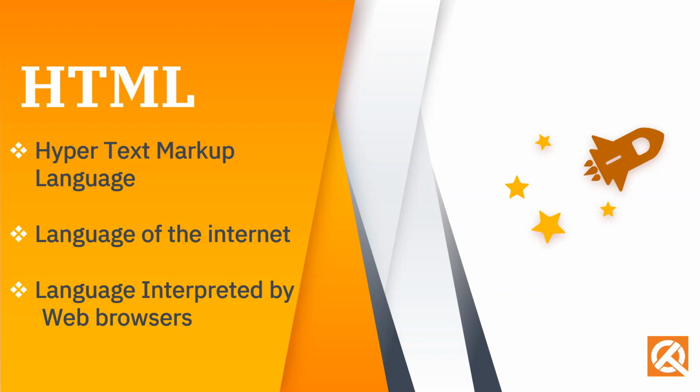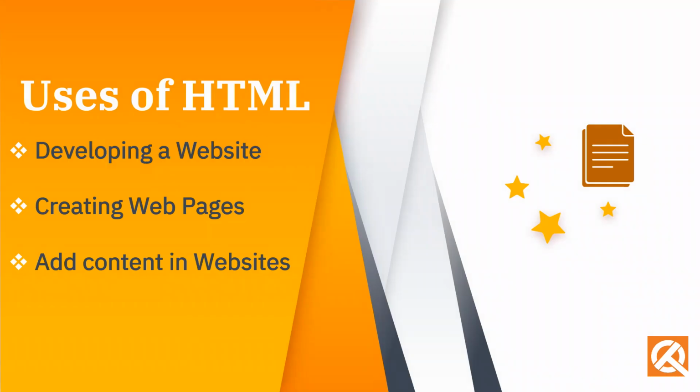Now moving on. If we discuss the uses of HTML, there are many different uses, but I have only listed here the three primary uses of HTML. The first is that HTML helps us in developing a website. Whenever you think about developing a website, the first thing, as we discussed, is that you need to know HTML. HTML is going to help you make those web pages. After that, it helps us to create different web pages. HTML allows us to create many different web pages.